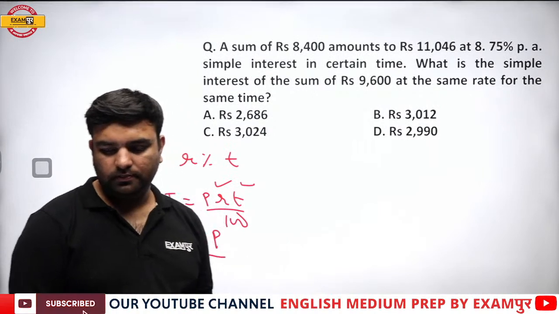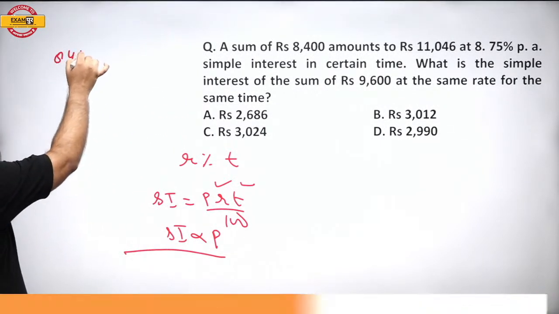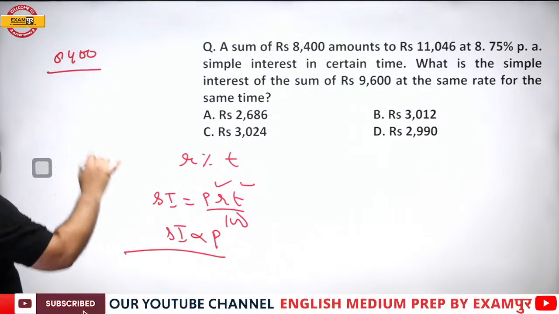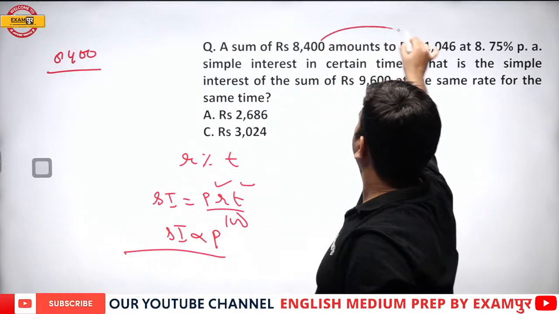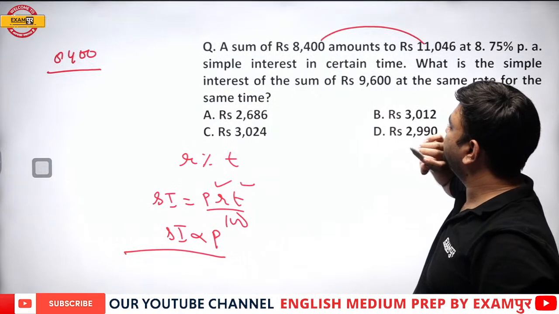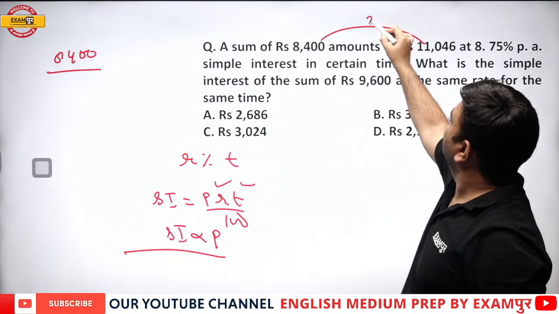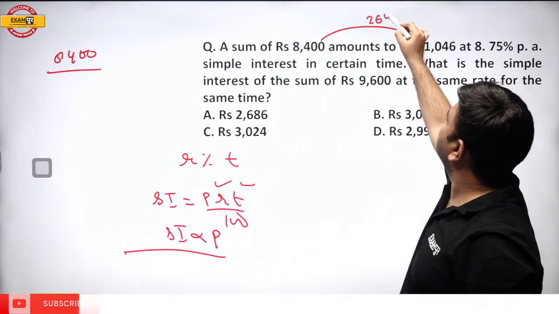Okay? So, if on the principal of 8400 you were getting an interest of how much? 2646.